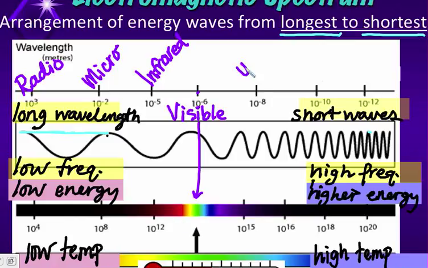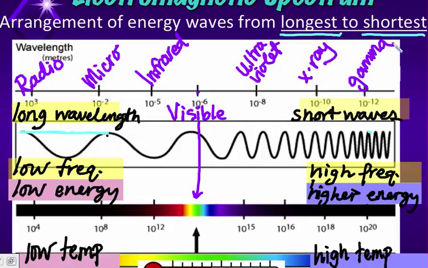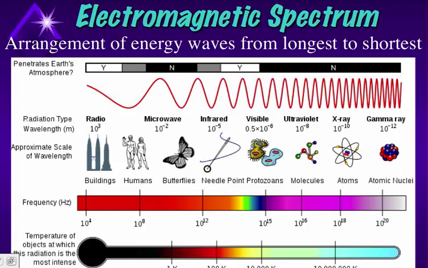Following visible, we have ultraviolet, X-ray, and finally, the strongest of the energies, gamma energies. We don't typically see these on Earth, thank goodness. Our atmosphere absorbs most of them, but they do exist out there in the universe.